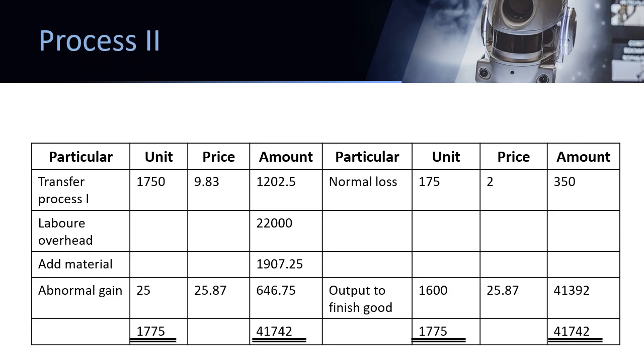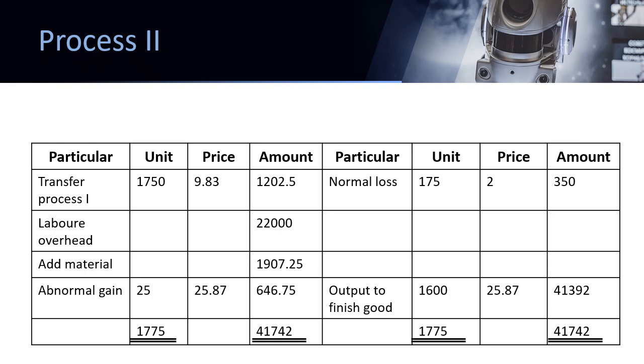Added material amount shows 1907.25. Abnormal gain shows unit 25 and its price 25.87. Its amount is 646.75.